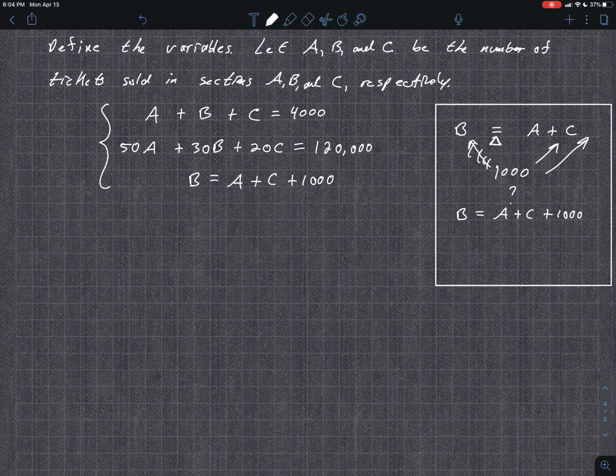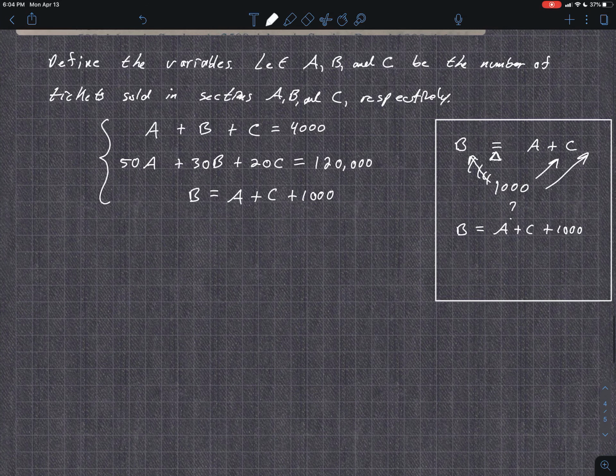So the first thing you want to do is write that in standard form. So standard form is A plus B plus C equal to 4,000. And this next part is standard form, but I went ahead and divided out by 10 because it just makes it simpler.